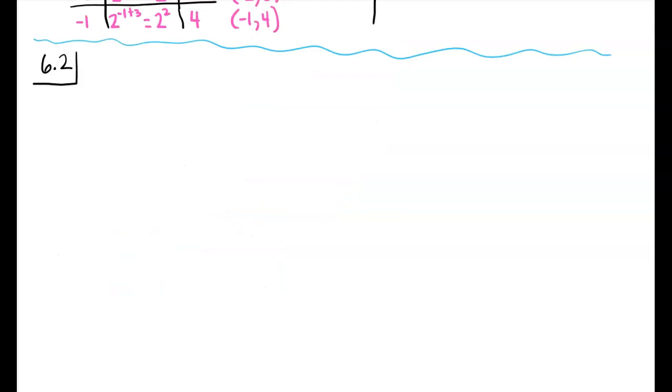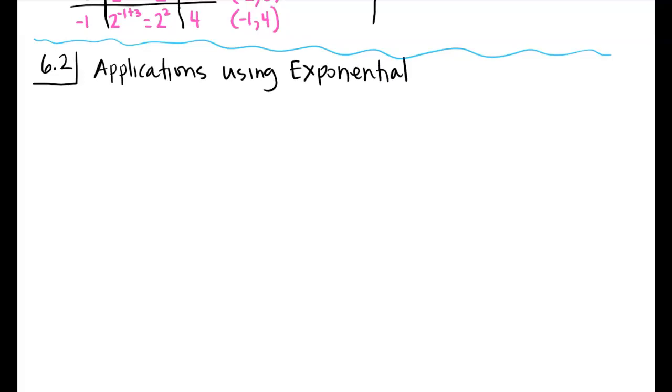Into 6.2 then, and we're going to be talking about applications. So story problems, applications using exponential functions. There are going to be 2 formulas that you're going to need to know on this.